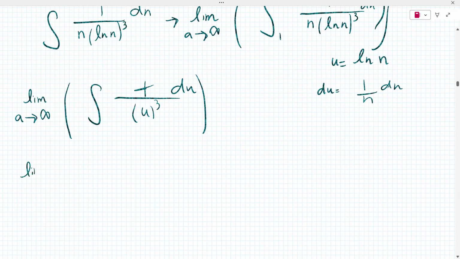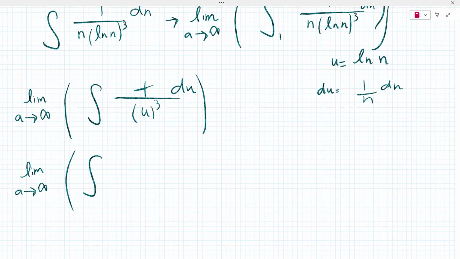So now you have the limit as a approaches infinity of, let's see, we did have boundaries. It was originally 1 to infinity, right?